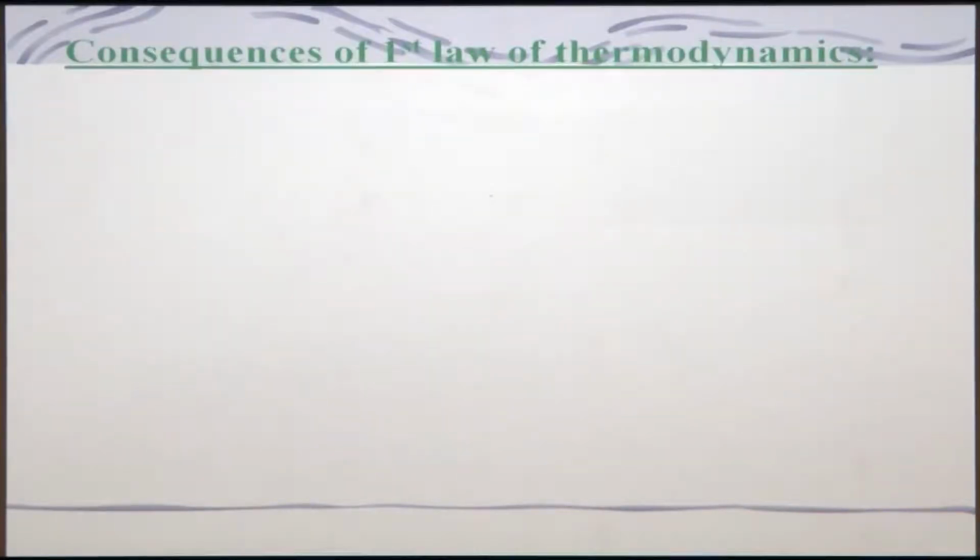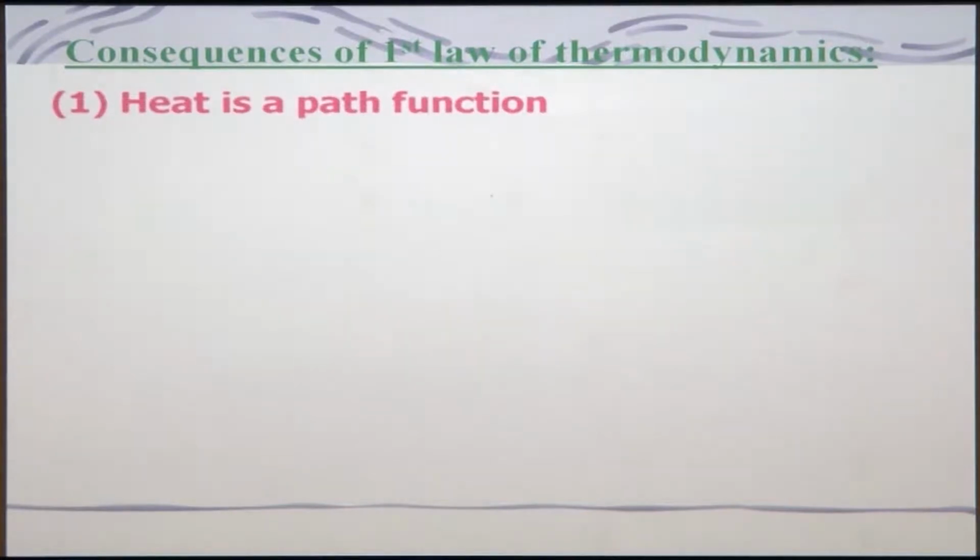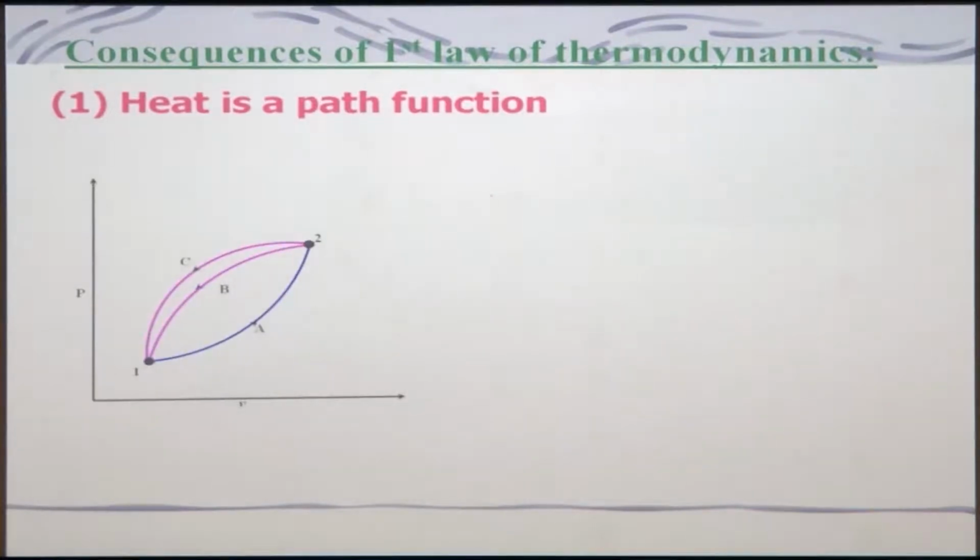So, what are the consequences of the first law of thermodynamics, that we will see. Whether we can say heat is a path function from the first law of thermodynamics or not, that we will see. For that, let us consider a cyclic process, where the system moves from state 1 through path A to state 2 and returns back from state 2 through path B. This is one way of completing one cycle.